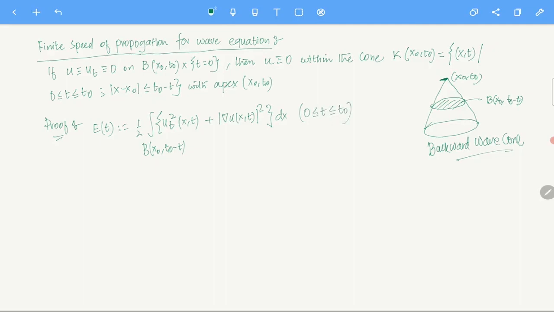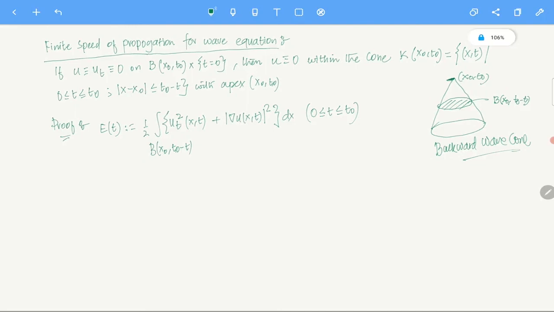This is the energy functional associated with this particular problem.